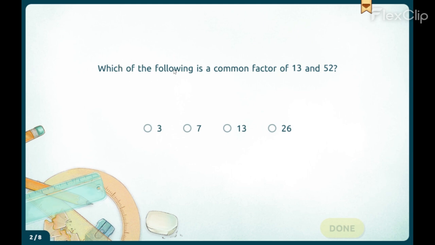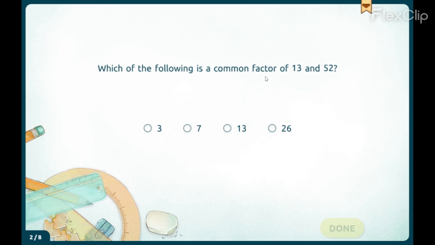And now we are just answering the question, which of the following is the common factor? Not the greatest, but just the common factor for 13 and 52. What if we put 26 plus 26? Would it give us 52? What do you think, guys? Yes, it will give us 52.